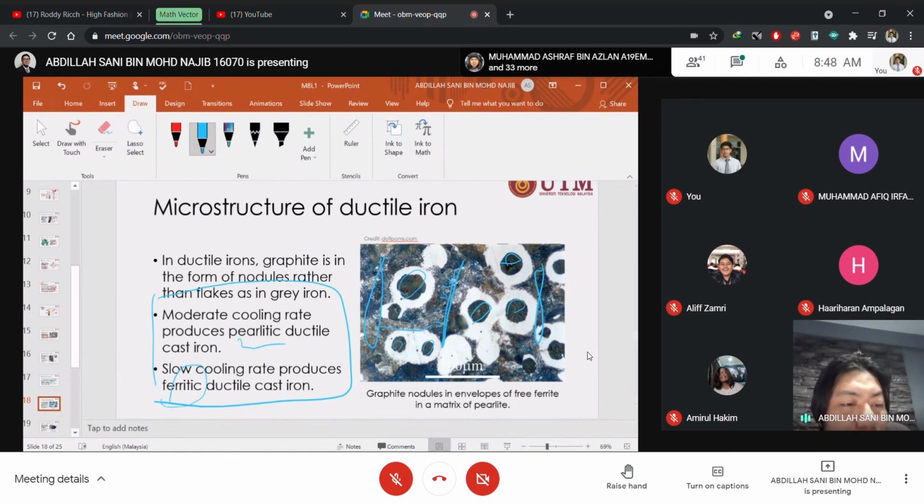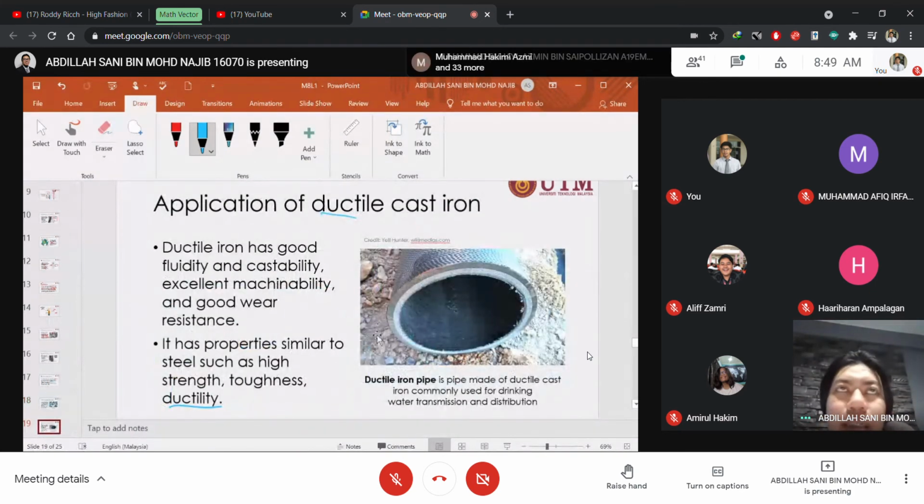The sphere has less effective area, so the dislocation can move better, and hence it has a better ductility.